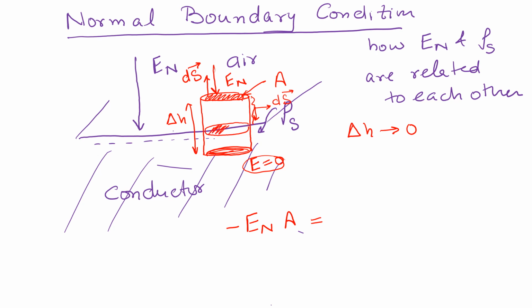So the total charge which is enclosed is the charge within that region of the surface, which would be rho s A, divided by epsilon naught. And it tells you E normal in this case would be minus rho s by epsilon naught.